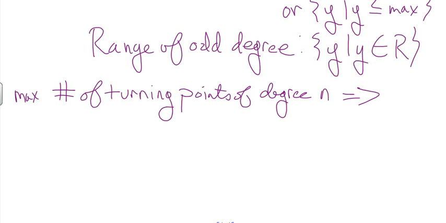So what's the maximum number of turning points of a degree n? We're general here, we're not specific, right? Sorry? One. Degree n though. So if n is 5, you're saying there's one turning point? No, you're not saying that. If n is 1, how many turning points are there? One less than the degree, okay?